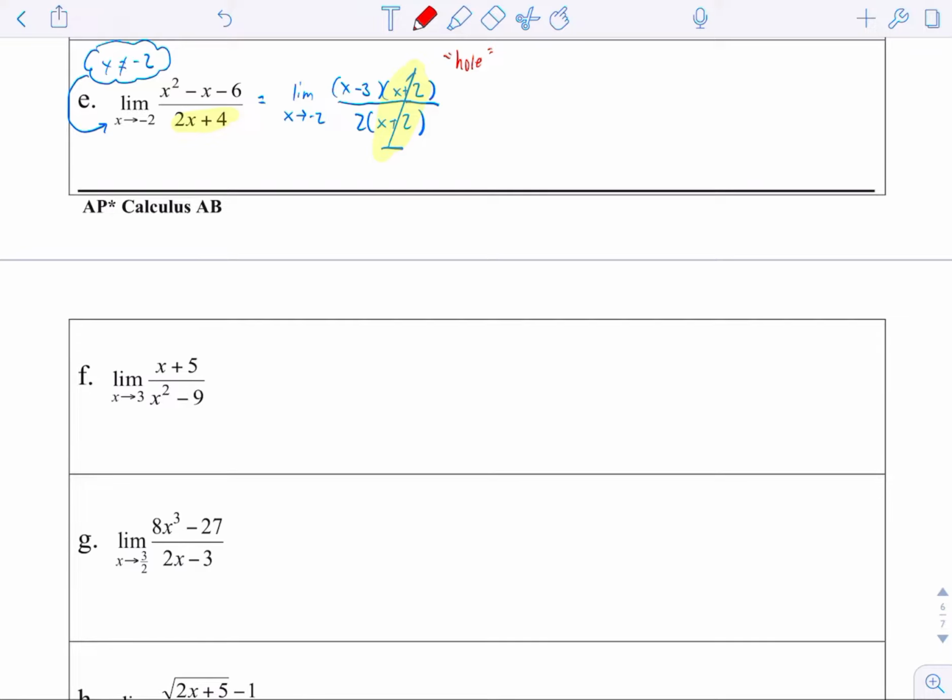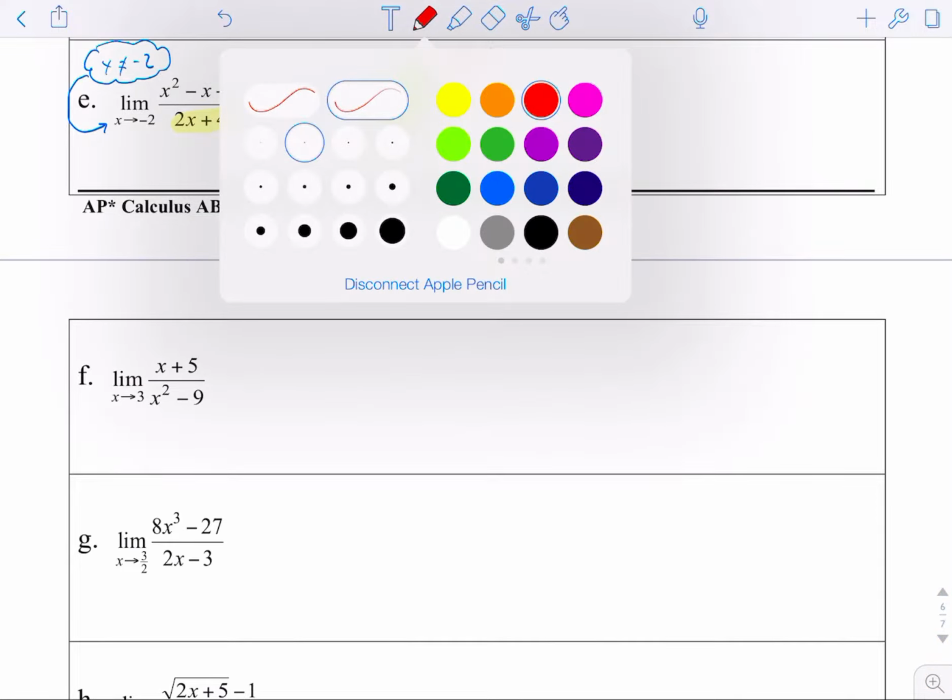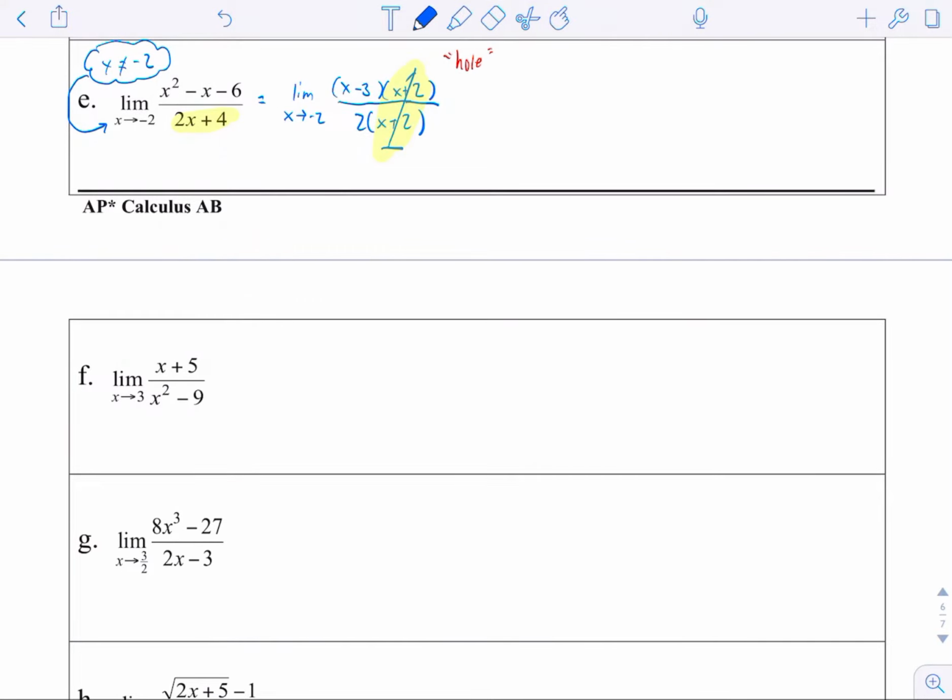And so if there's a hole, to figure out what the limit is, we'll just rewrite this problem without the x plus 2 in there and find that it's x minus 3 over 2, that's all that's left.